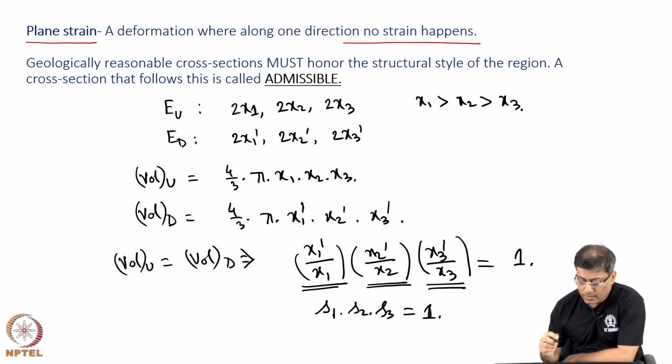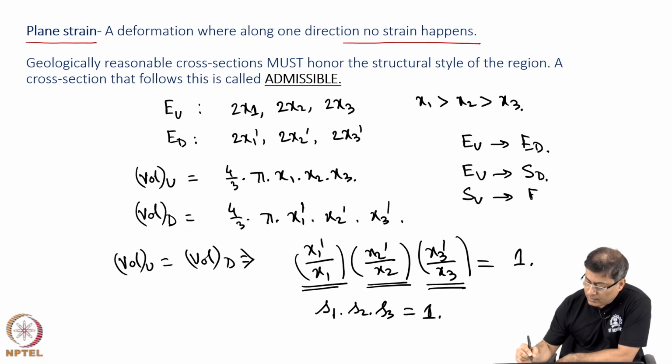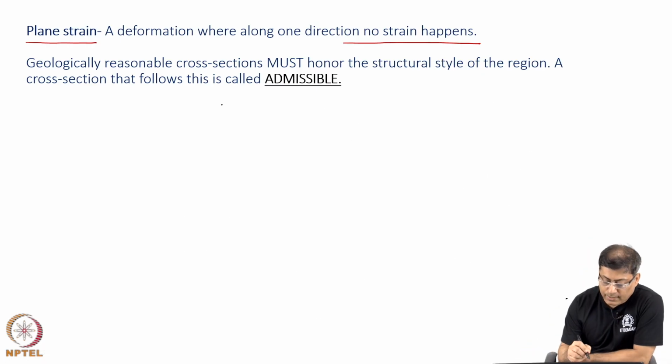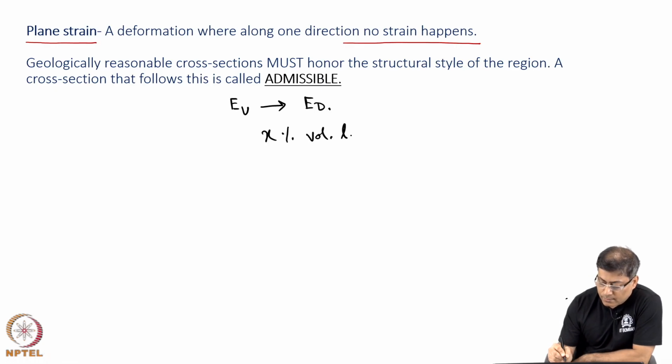Since a sphere is a special kind of ellipsoid, what I have done for EU to ED, a similar relation will hold true if it is EU to a sphere which is deformed, or a sphere undeformed to an ellipsoid which is deformed. Consider a case that an ellipsoid undeformed by some deformation has become an ellipsoid which is deformed, and in this process there is x% volume loss.